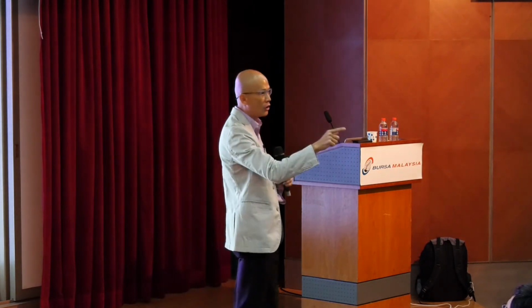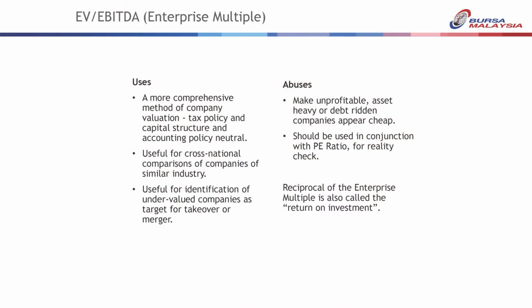You will assume all the liabilities that you owe to all the preference shareholders and minority shareholders, but whatever cash is found in the safe is yours to keep. So this is a more comprehensive method of valuation, taking into account tax policy and capital structure. The term to use for this is accounting policy neutral.